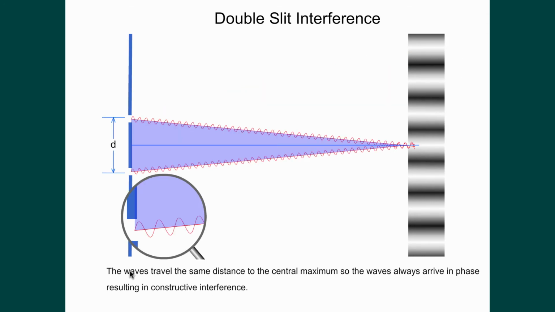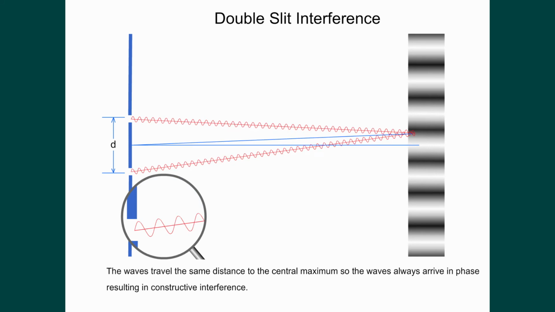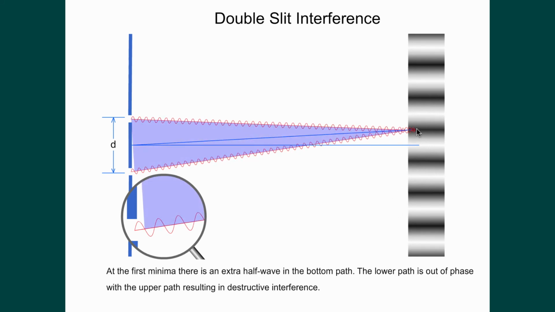So we're going to take a look at this now from the other end, which is close to where the slits are. It says the waves travel the same distance to the central maxima, so the waves arrive in phase, resulting in constructive interference. This is for the central maxima. Now as we move up to the first minima, they're showing you there's a wedge of a triangle, and what they're basically trying to show us is the bottom wave is now 1/2 wavelength longer because it has to travel a further distance.